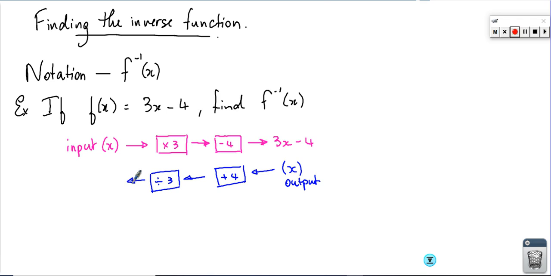So the inverse function is (x plus 4) divided by 3. That is the inverse function. Most of our functions can be easily described by this method. We first describe the function, then work out its inverse. Let me work out a couple of examples of this type.